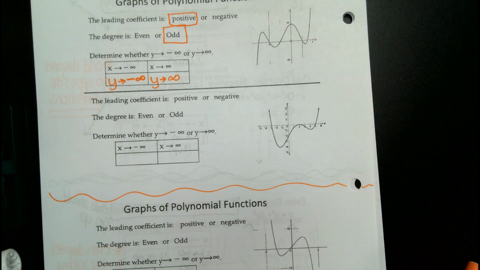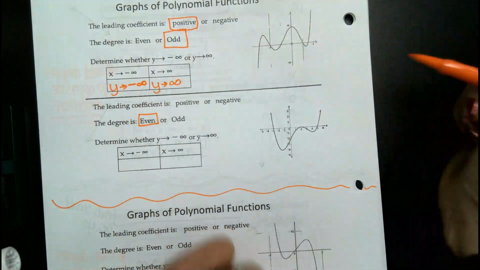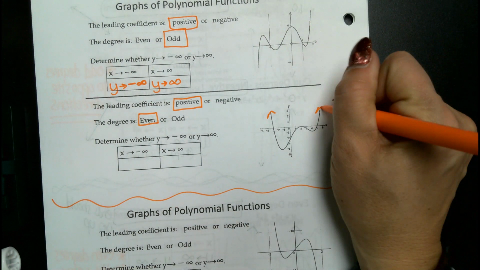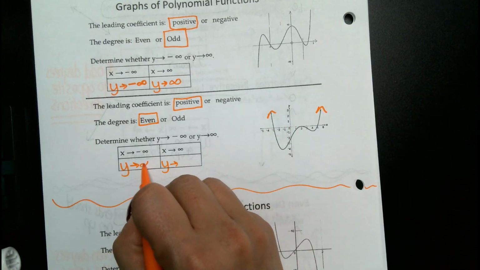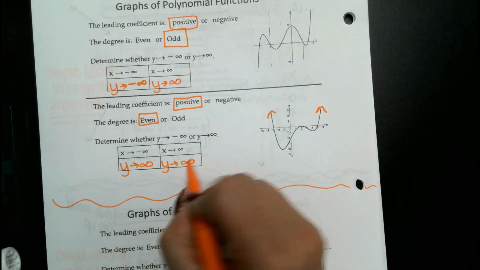These are going up. So it doesn't really matter. If it's the same direction, is that even or odd? Even. And if they're both going up, positive. Up, what should both of these say? Yep, y approaches positive infinity.